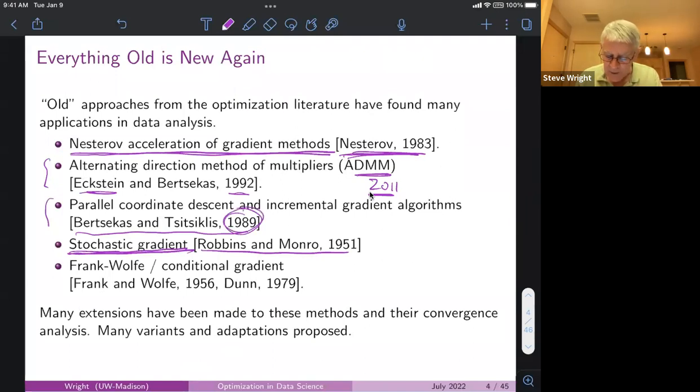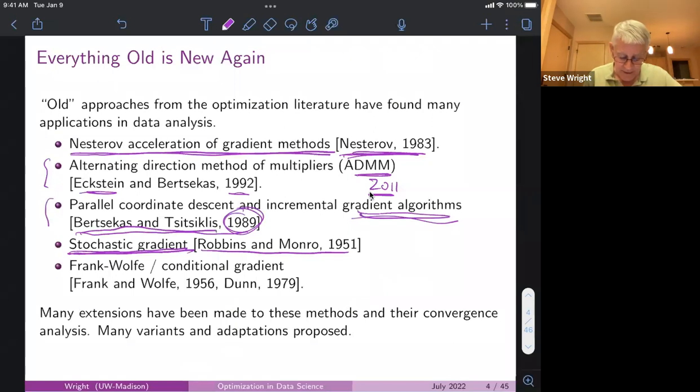But this work, again, is one of these things that just kind of sat there. It came out of the fact that in the 80s, people got very interested in programming on parallel computers. But it wasn't until machine learning came along that people really had applications that cried out for the use of parallelism. So this work became a big deal at that point.